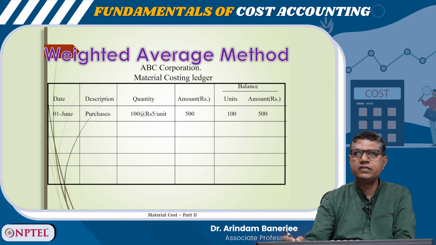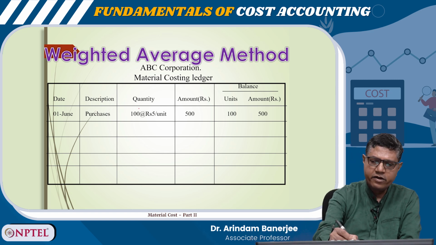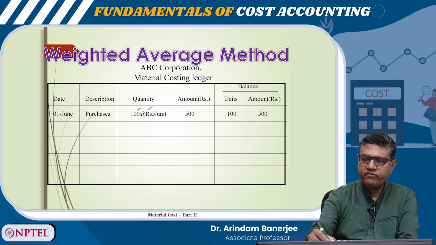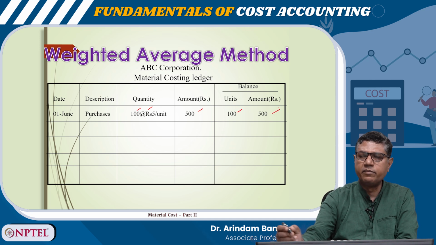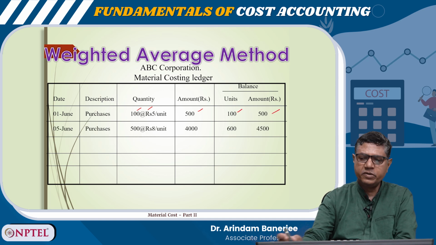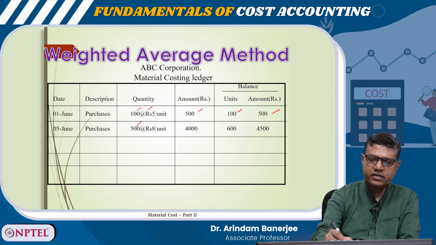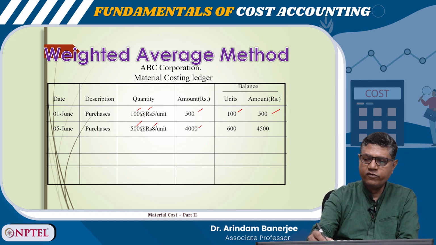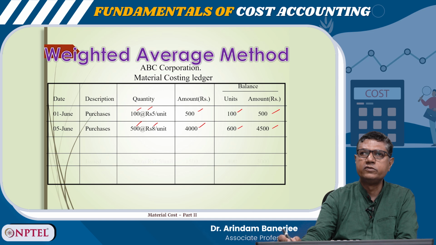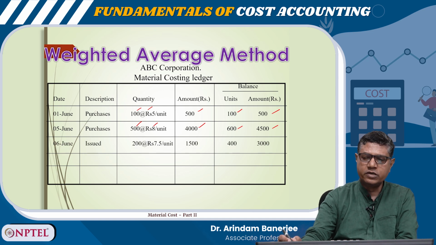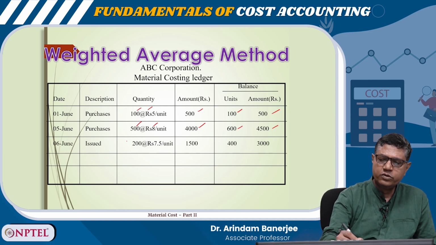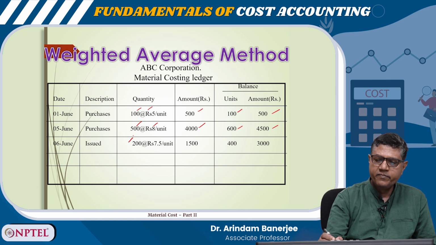So, you see, first purchase happened, 100 at 5, 500, units 100, this is the balance. Then again purchase happened, 500 units, rate got changed, 4000, 4500. Now, it is issued. When it is issued, you see 200 units, what have we taken? We have taken the weighted average of the two.